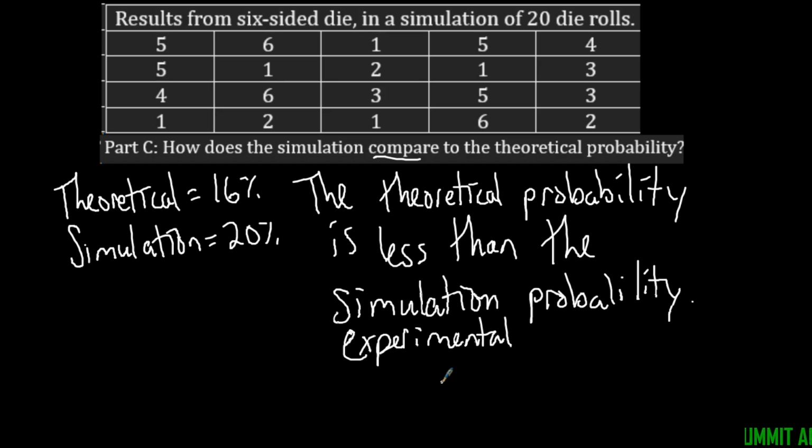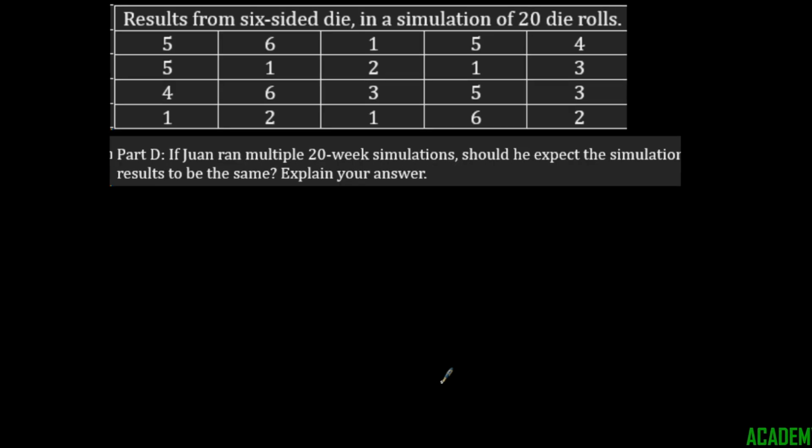And then the last part, part D, says if Juan ran multiple 20-week simulations, should he expect the simulation result to be the same? Explain your answer. We're going to say the results will be different.